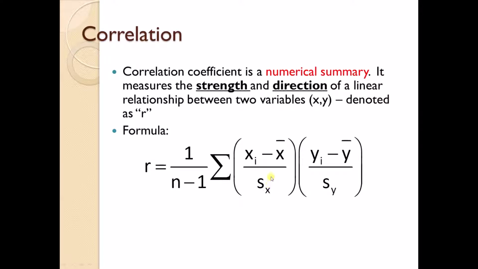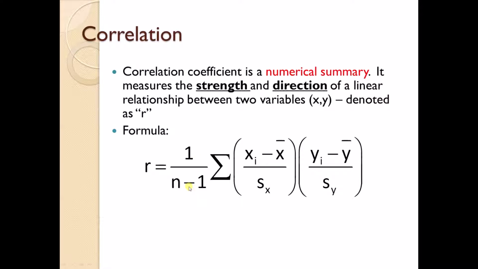So you take them and individually, for each x sub i and each y sub i within an ordered pair, you get that standard value for both and multiply them together. So let's say you have 20 ordered pairs, so you're going to get 20 products. Then they get added up. Remember, sigma means add them up. And from there, you're averaging them. But you're doing it the way we did it with standard deviation, with 1 over n minus 1 instead of 1 over n.